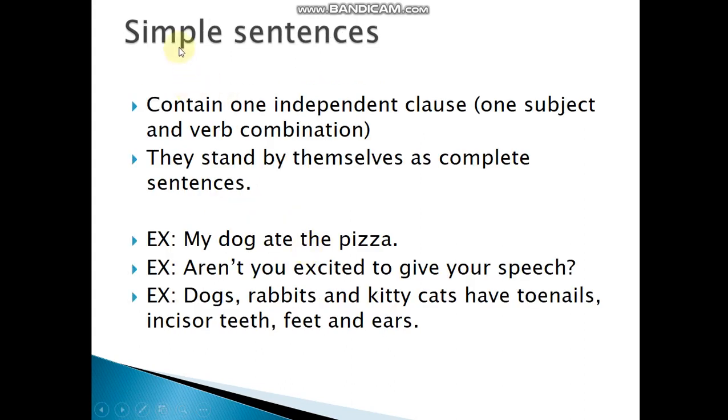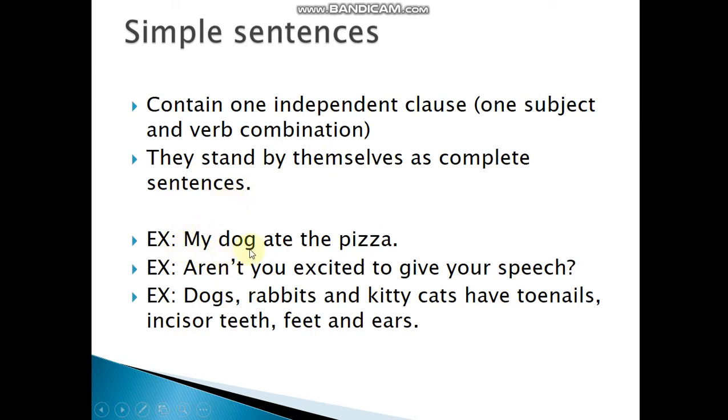So let's have a review again about what simple sentences are. Simple sentences contain one independent clause, one subject and verb combination. They stand by themselves as complete sentences.